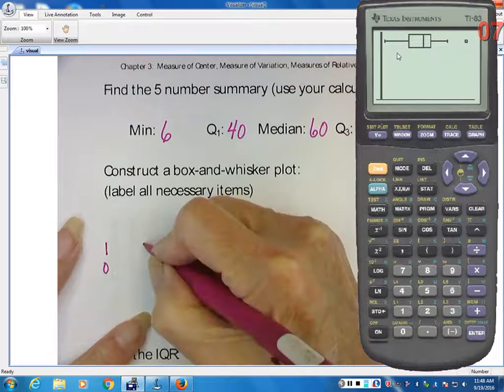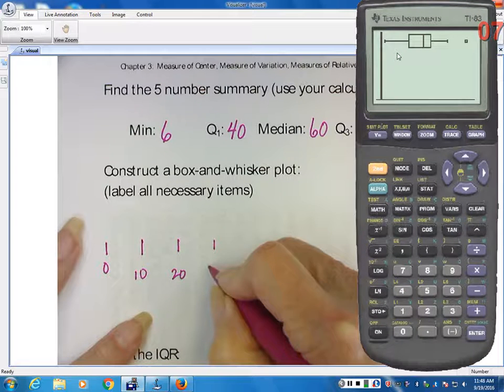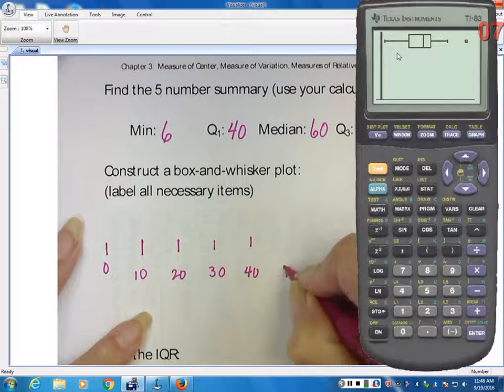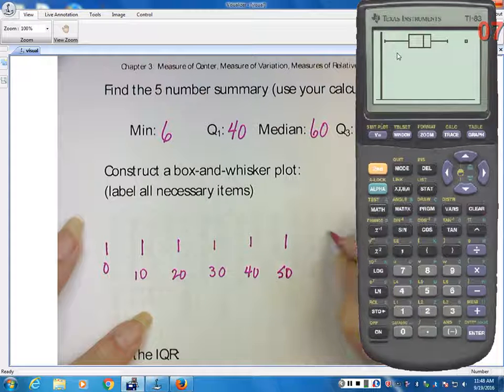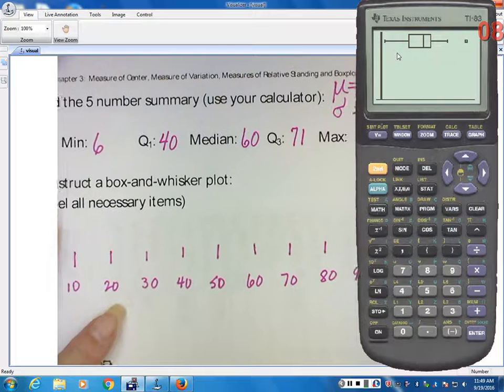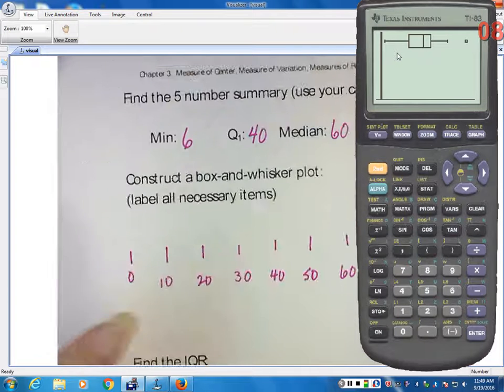Yeah, I can do 10 for each one of these. So there's my scale. Let me zoom out a little bit more so you can see it better.